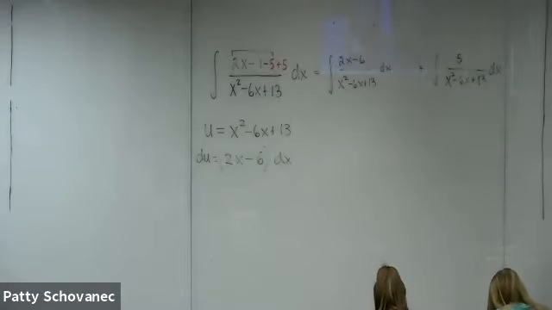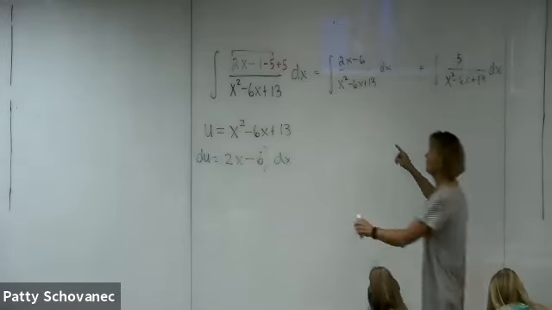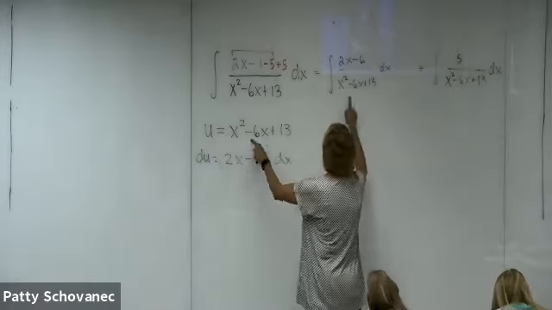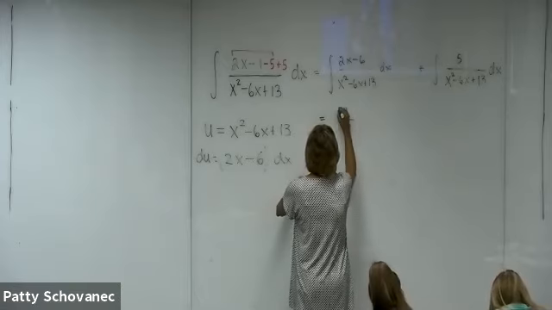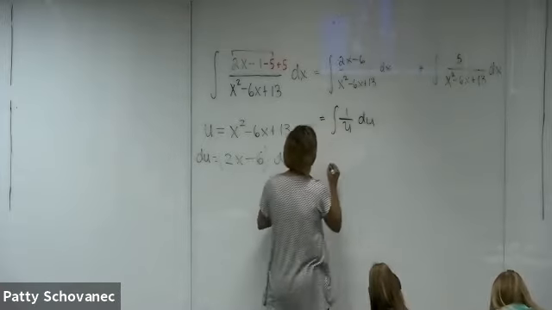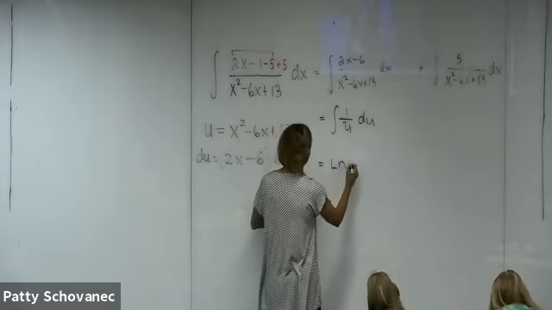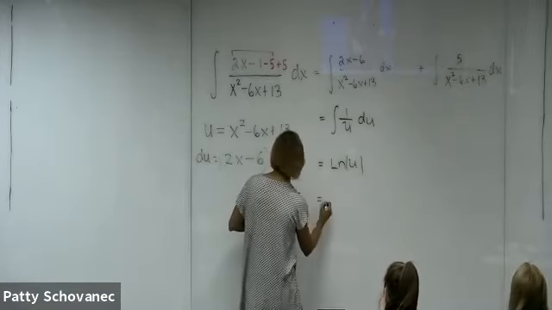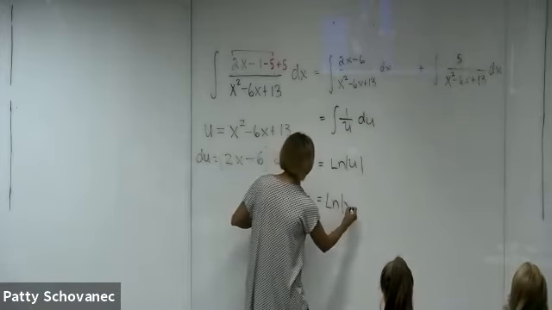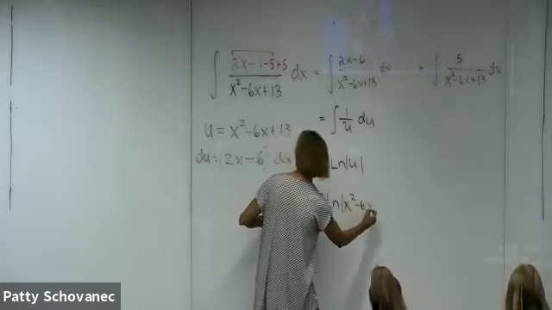And so the first one is going to be our u du substitution. I've got that set up just right. So that's a 1 over u du. We finish it off because we're playing that partial credit game. We've got half the problem right here.